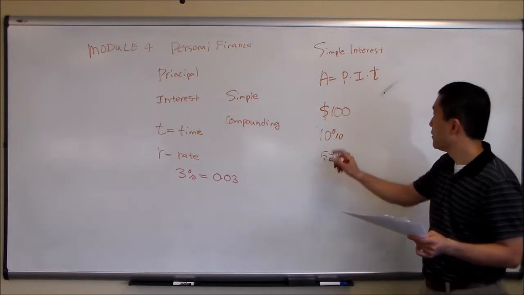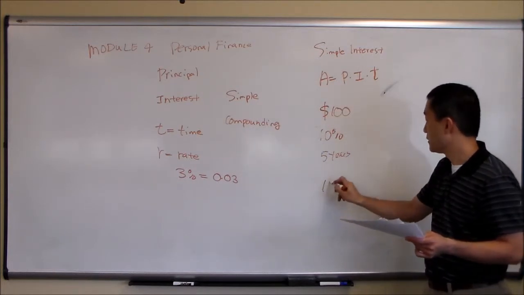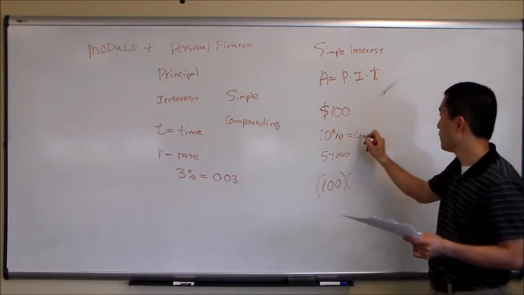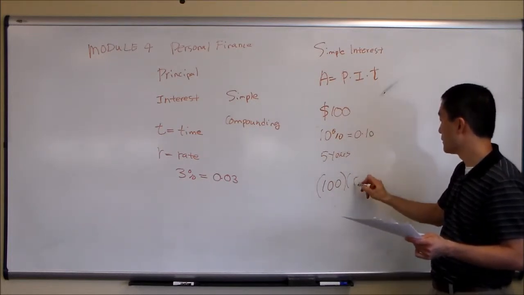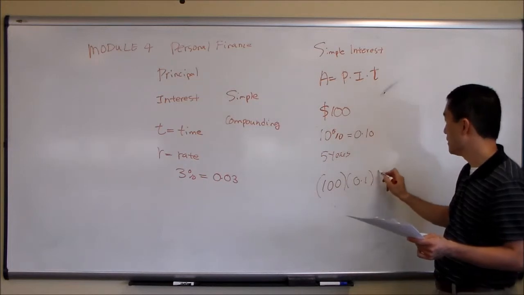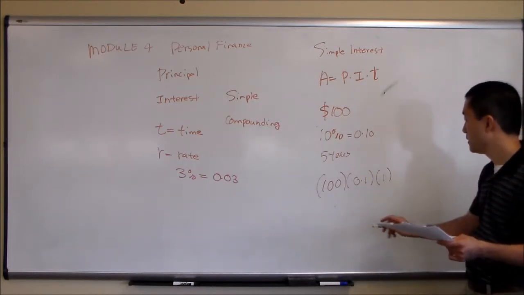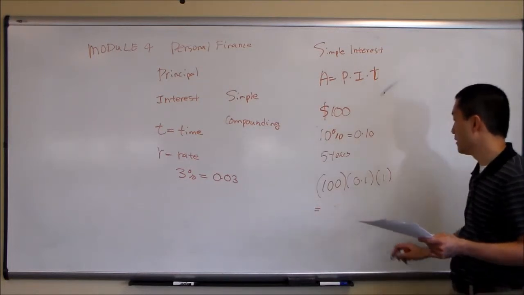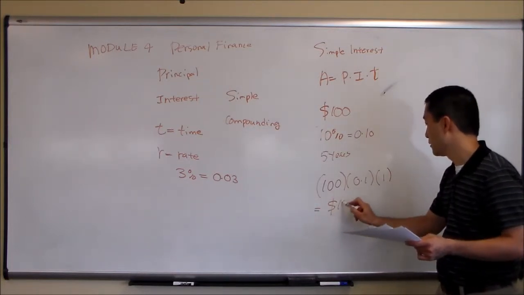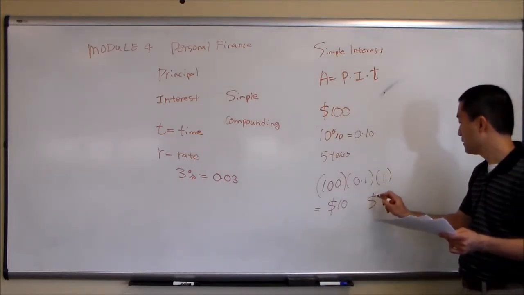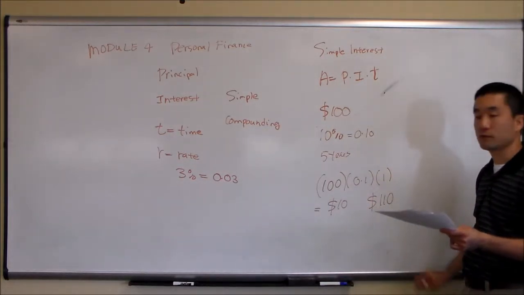Using the formula, 100, 10% is 0.1, times T, how many years? Let's say first 1 year. So your interest accumulated is $10. So you pay back 110 after the first year.